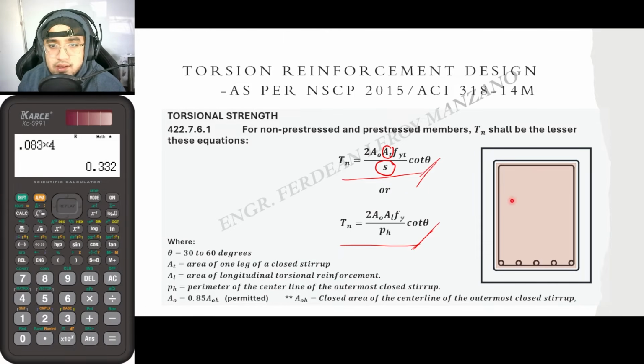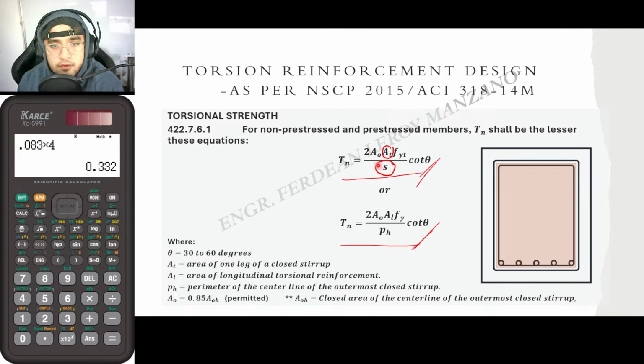Suppose the boundaries of this orange box are on the center line of the stirrups, get that figure and just get the area, and that is already AOH. The main use of AOH is for us to get the value of AO.